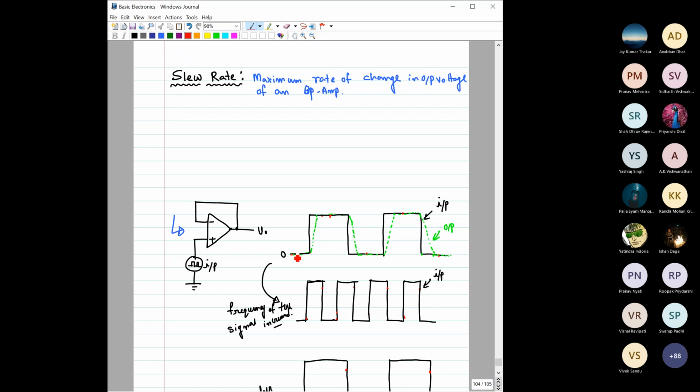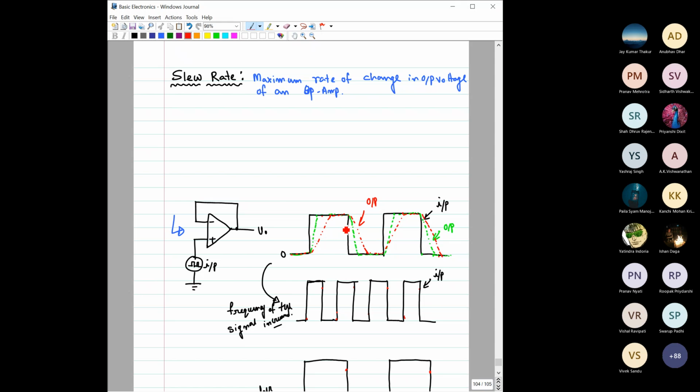The output might look something like this, for higher internal capacitances. Still you are getting a waveform which is somewhat distorted, but not completely.